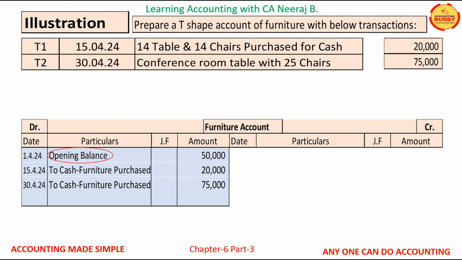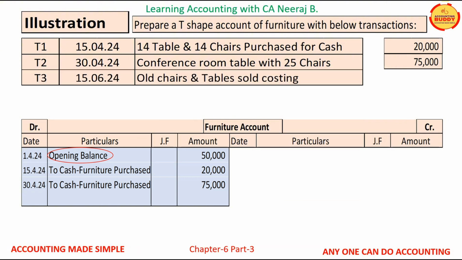This transaction of 75,000 will also be recorded on the left hand side, that is the debit side of the furniture account. T3 transaction is old chair and tables costing 15,000 were sold on 15th of June 24. With this transaction, the value of the assets, that is the furniture, will decrease by 15,000, and therefore, as per asset account rule, this transaction will be recorded on the right hand side, that is the credit side of the furniture account.